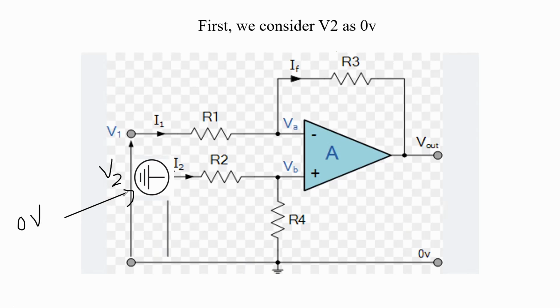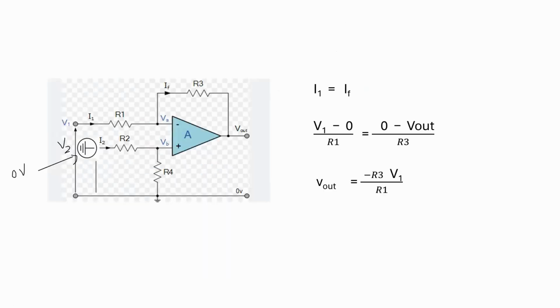It means the voltage at V2 is 0 volts. V2 grounded means the voltage here is 0 and the voltage here is also 0. Previously I said VB equals VA, so VA is also 0 volts.